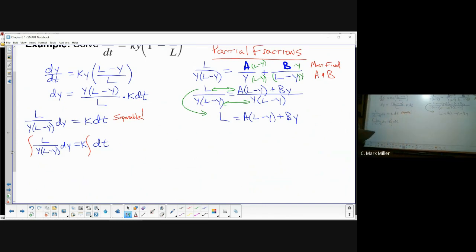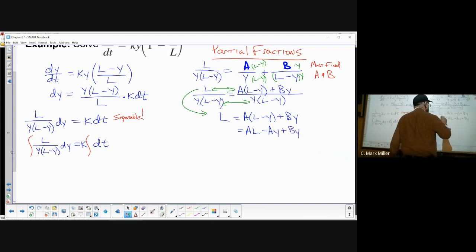Now I'm going to do one more step here. This is AL minus AY plus BY equals L. I'm going to call this the left-hand side, LHS, and this the right-hand side, RHS.